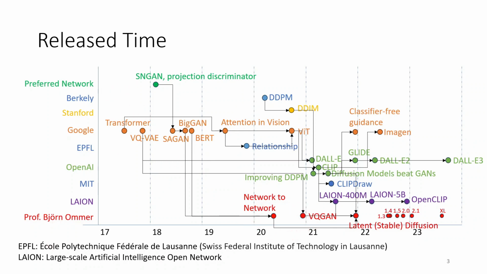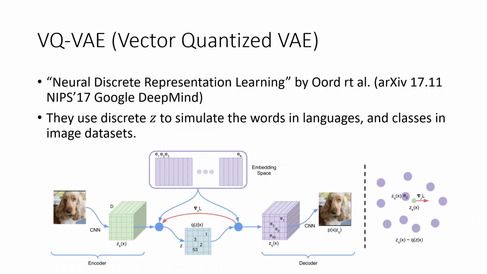So let's go back to VQ-VAE and VQGAN. In the previous week, we talked about VQ-VAE. Given one image, the method wants to create an autoencoder so that the image can be encoded in the latent space and decoded back to image space.